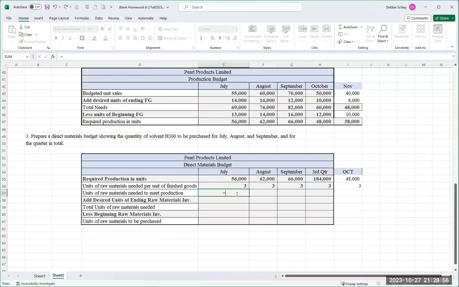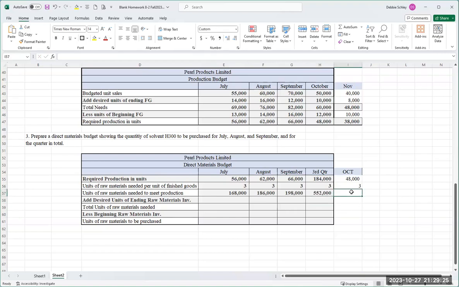So we will simply multiply 56,000 times 3. And again, this is one of those where I can multiply or I can add across to get the total for the third quarter. I'm going to choose to multiply.